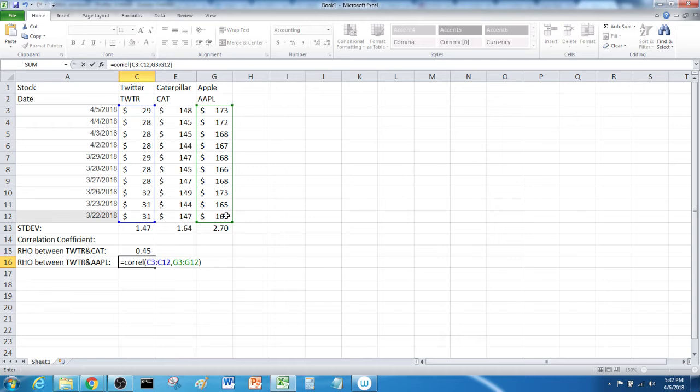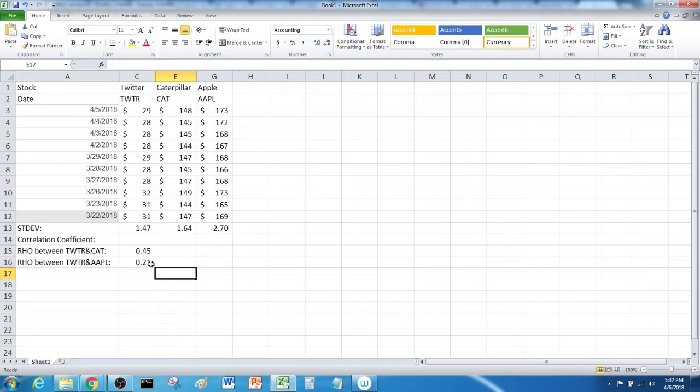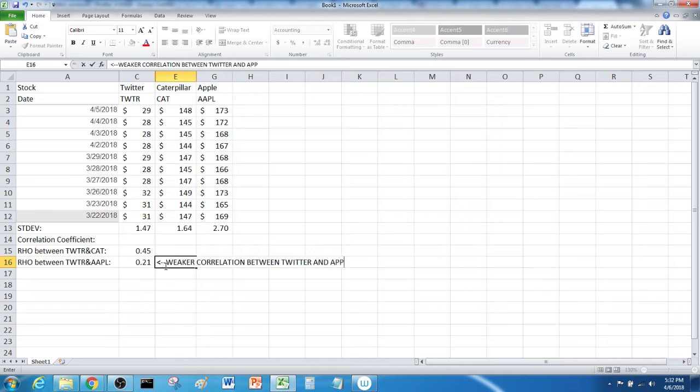Let's just see if it is. We might be surprised. Let's take a look. Ready, set, drum roll, 3, 2, 1. Oh, well. So it's 0.21. So there's actually a weaker correlation between Twitter and Apple. Surprising.